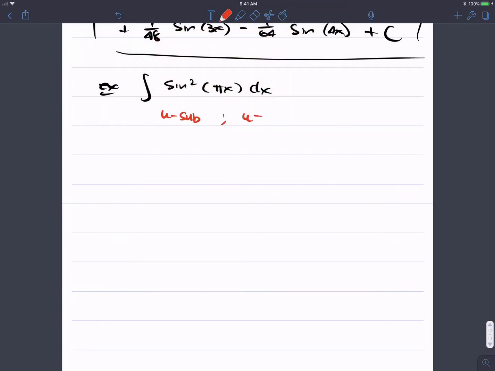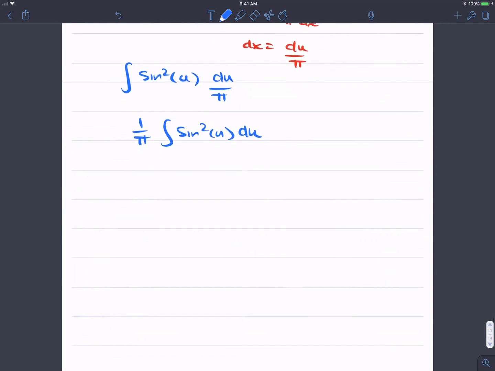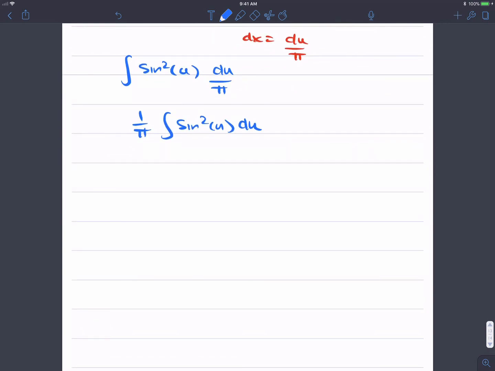U sub. u is pi x, du is pi dx, dx is du over pi. So here's what I end up with. The integral of sine squared u du over pi, which is 1 over pi integral sine squared u du. This is what we need to integrate.